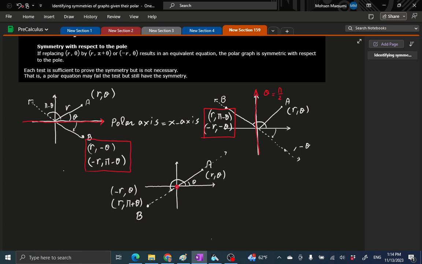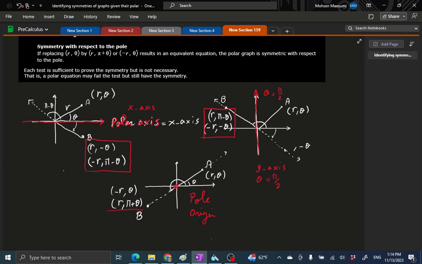And finally, this was for the y-axis, or theta equal to pi over 2. This one with respect to x-axis, or also called the polar axis. And this one with respect to the pole, which is just same as the origin.